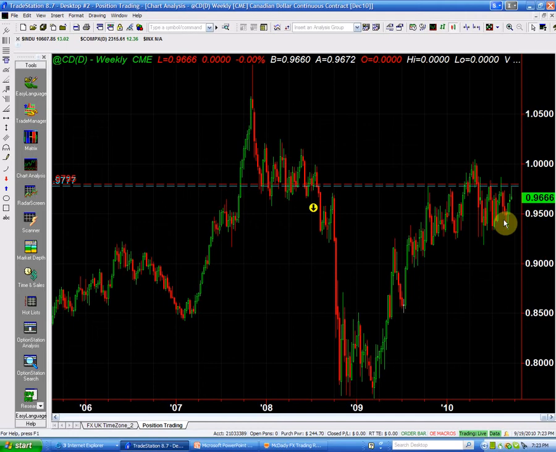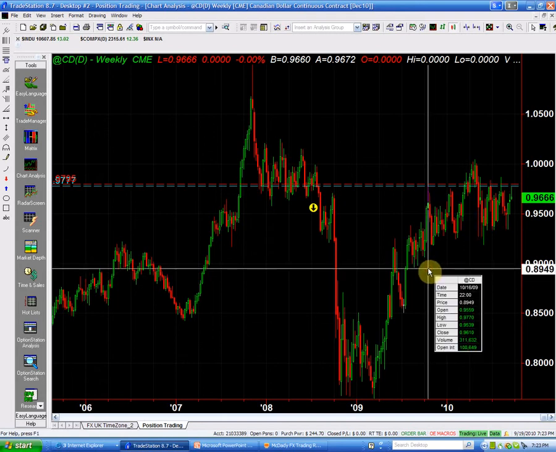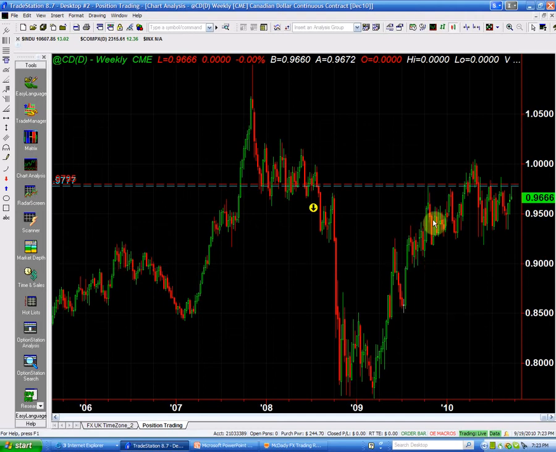Why? Because this is a congestion area, and it has been in this congestion area all the way from October 16, 2009. It has been moving around on either side of the 95. So that is a congestion area.